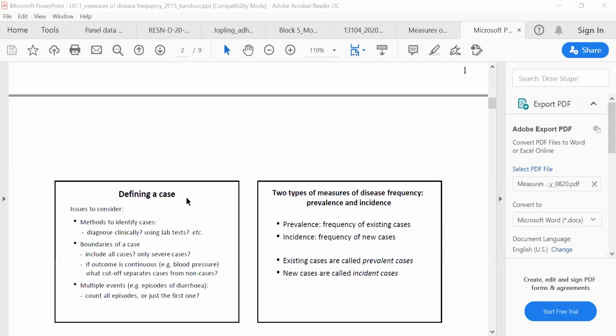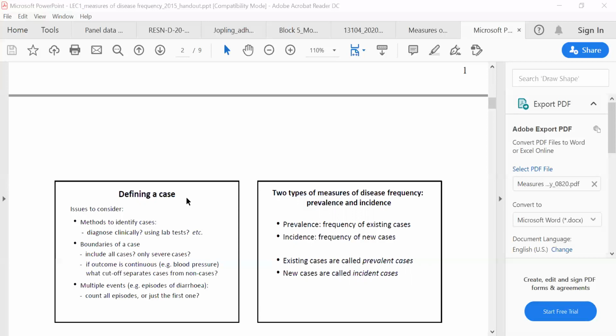Before you start measuring whatever health events or diseases you want to measure, it's important to have a clear definition, and your definition should be very strict and should have some standard, so that you don't miss cases.